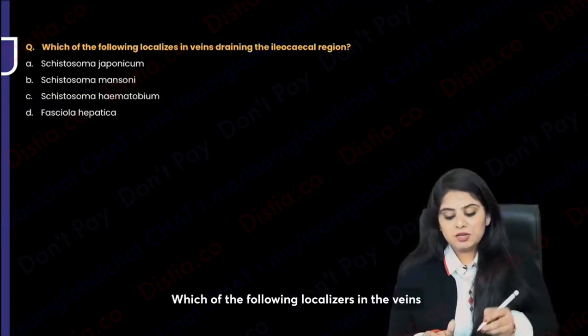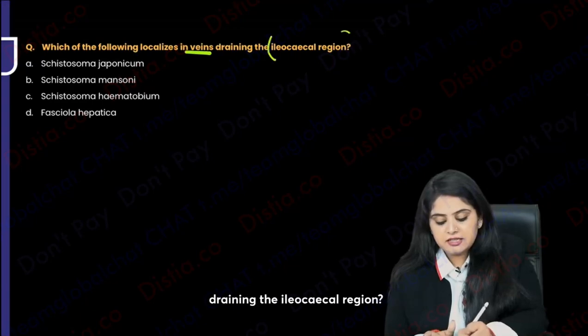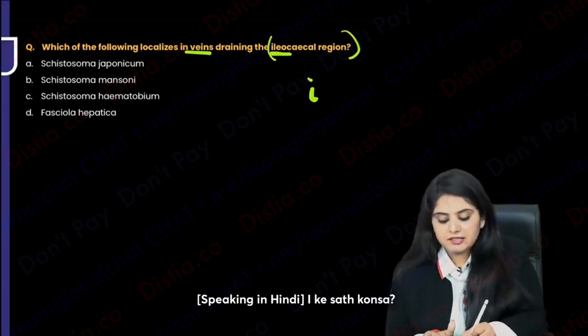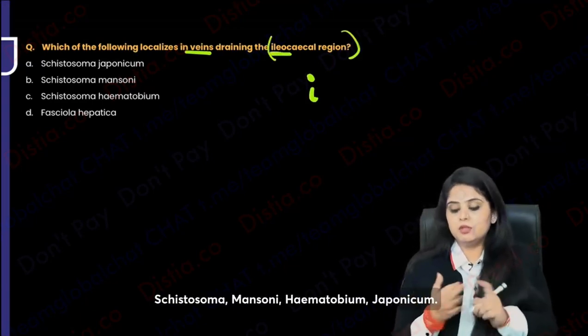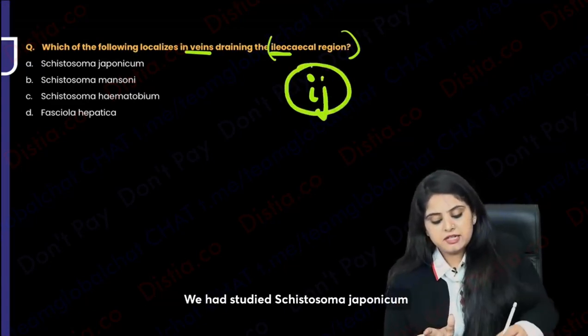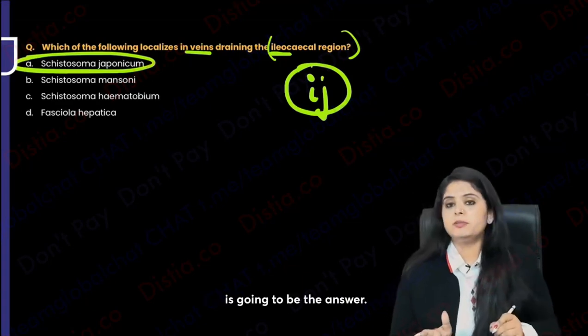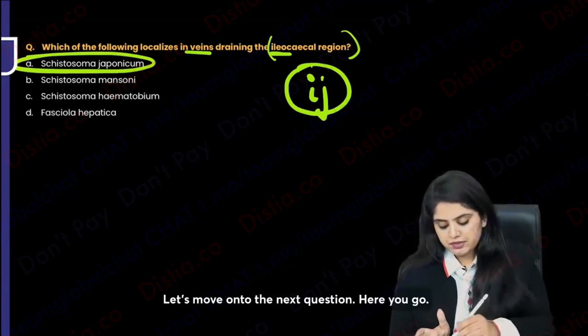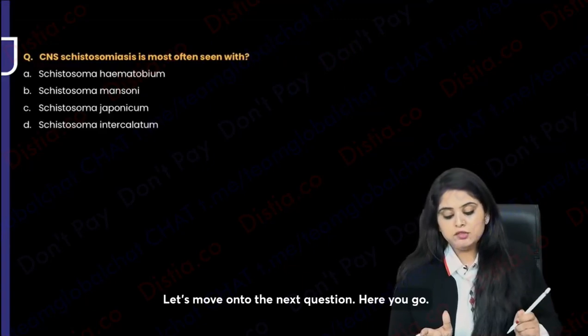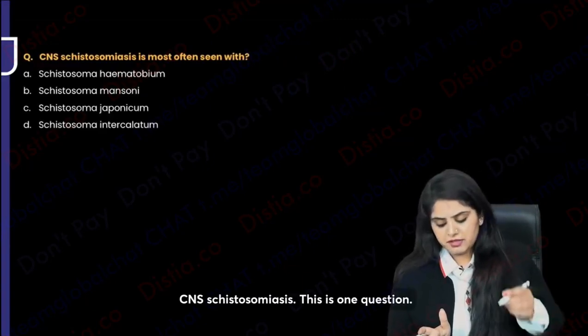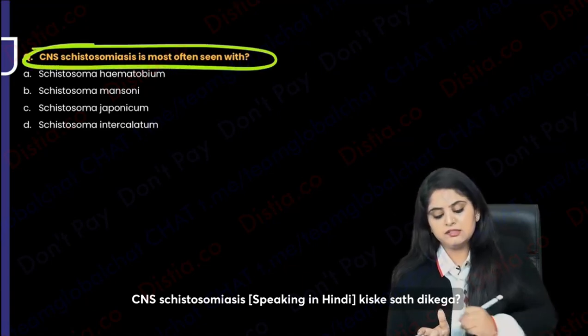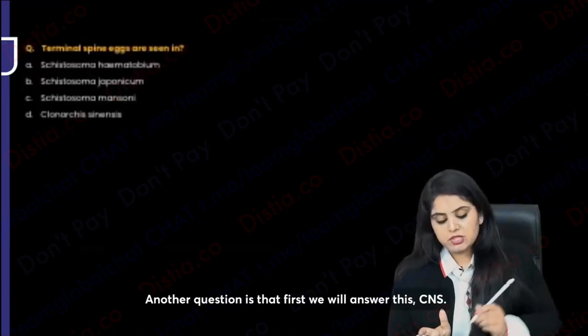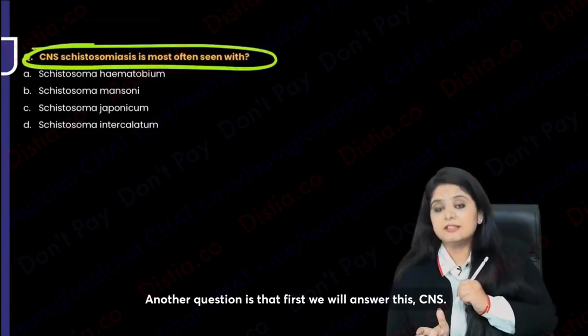Which of the following localizes in the veins draining the ileocecal region? I goes with which one? Schistosoma mansoni, haematobium or japonicum? We had studied schistosoma, japonicum is going to be the answer. Let's move on to the next question. Here you go, CNS schistosomiasis. This is one question. CNS schistosomiasis will be seen with whom?